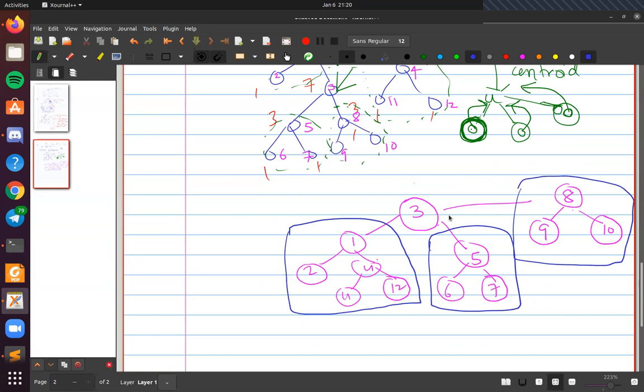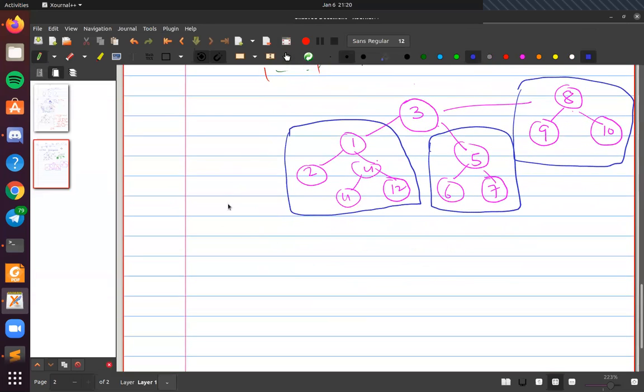So this one, its centroid will be this node only, because total nodes are 3, and one is less than 3 by 2. This is also less than 3 by 2. So it will remain the same. For this one, total nodes are 1, 2, 3, 4, 5, and these are three nodes, so it is greater, so the centroid is this node.